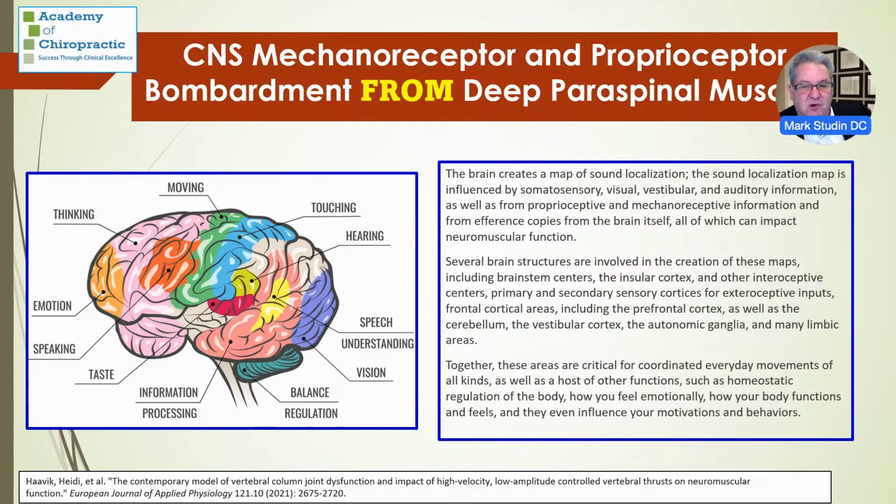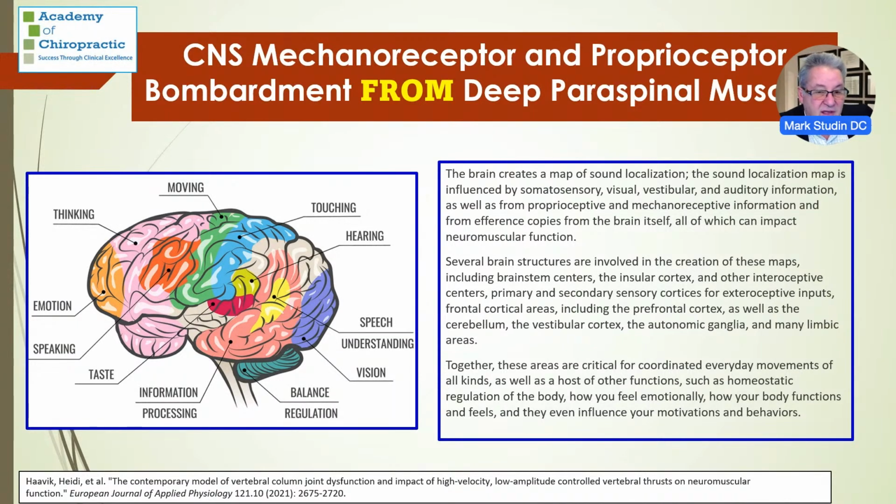Several brain functions are involved in creating these maps, including the brainstem, your motor areas, insular cortex, other interoceptive centers, primary and secondary sensory cortices for exteroceptive inputs, frontal cortical areas including the prefrontal cortex, as well as the cerebellum, vestibular cortex, autonomic ganglia, and many limbic areas.